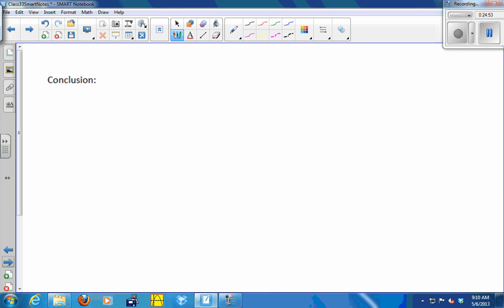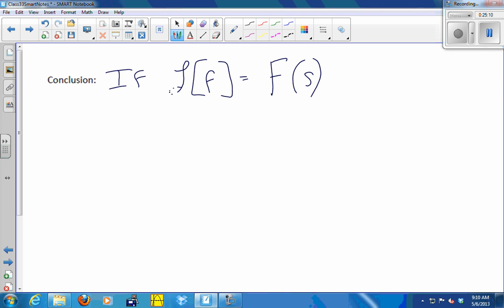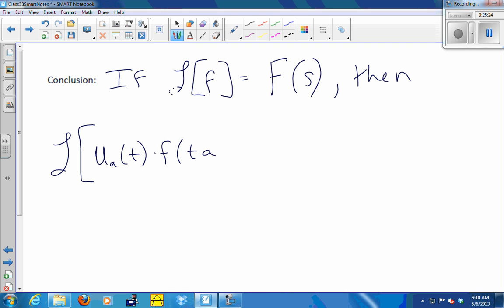Okay, so the conclusion is, if you know the Laplace transform of f is some function of s, if you can do the Laplace transform of f, then the Laplace transform of the product of u sub a of t times f of t minus a, which is just a horizontal shift of the function f, is going to be e to the negative as times F of s, the Laplace transform of f.